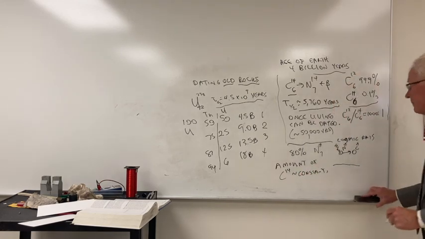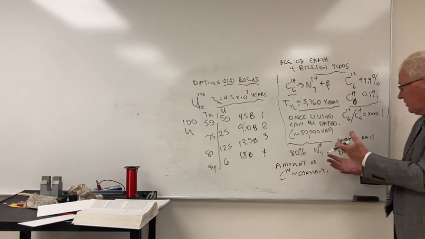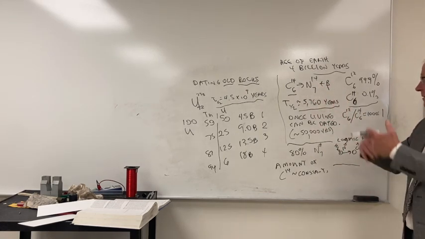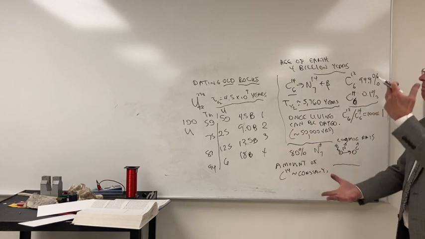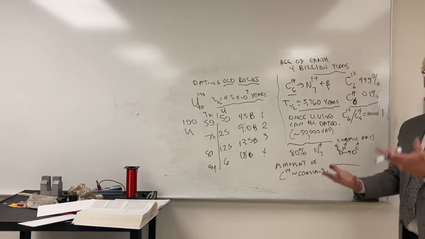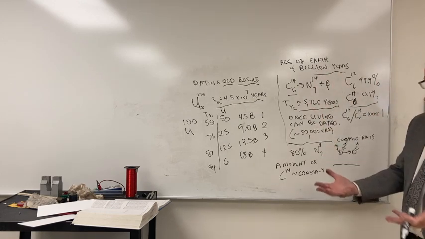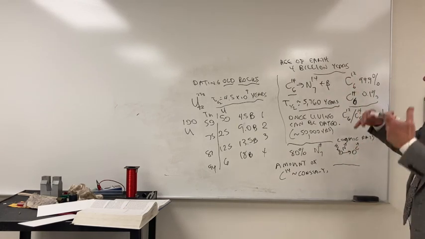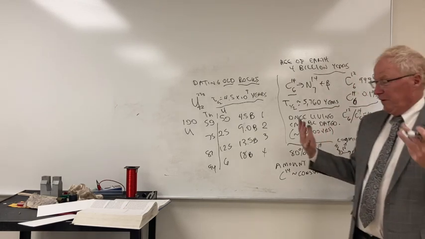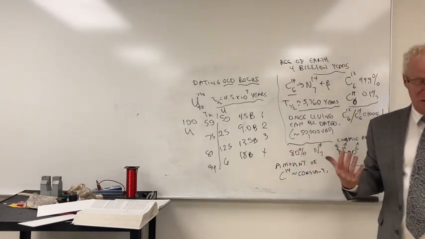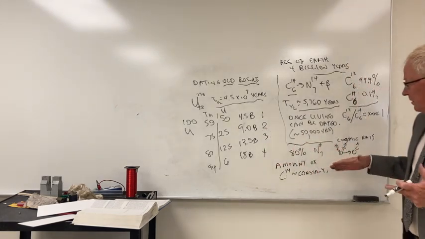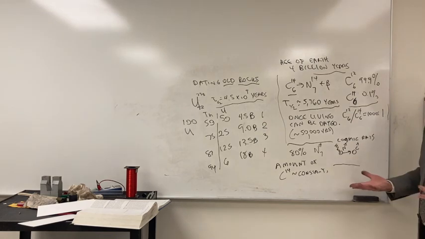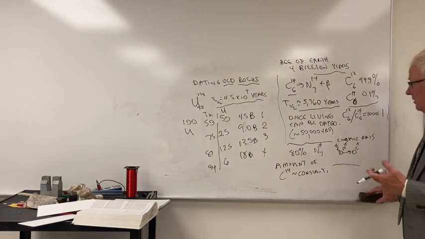Okay. So as this carbon-14 decays over time, based on the fact that we have a relatively constant shower of what we call cosmic rays, and since the atmosphere has been roughly the same for the last billion years or so, the amount of carbon-14 in the atmosphere is relatively constant.